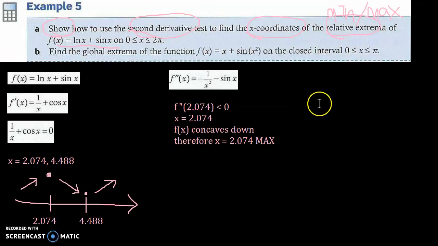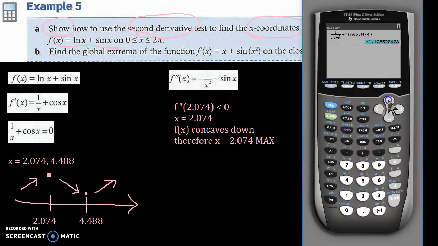Now let's do the same thing. Let's substitute 4.488 into the calculator and see what we get. I'm just going to copy the expression, and we just have to change the value.